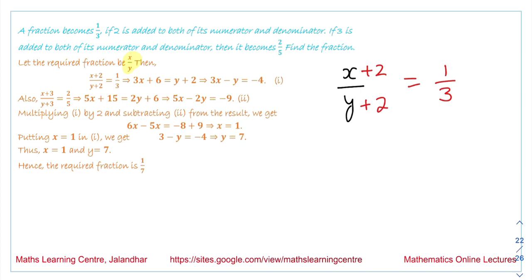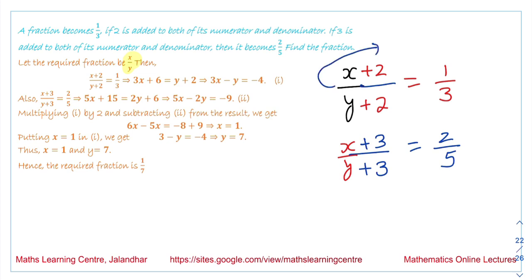If 3 is added to both numerator and denominator, the fraction becomes 2 by 5. We are talking about these two equations now. From this, we get 3x plus 6 is equal to y plus 2. So this becomes 3x minus y is equal to minus 4.